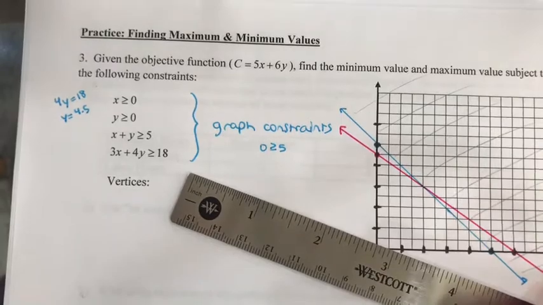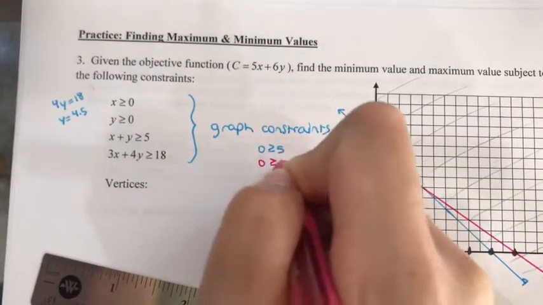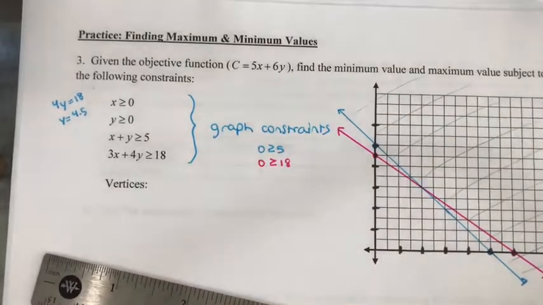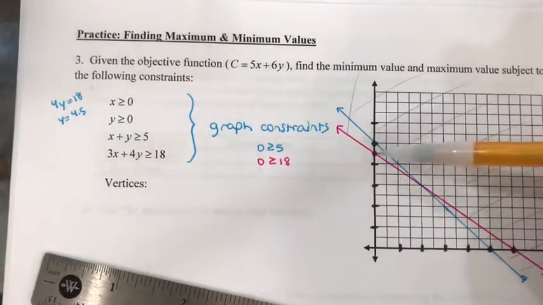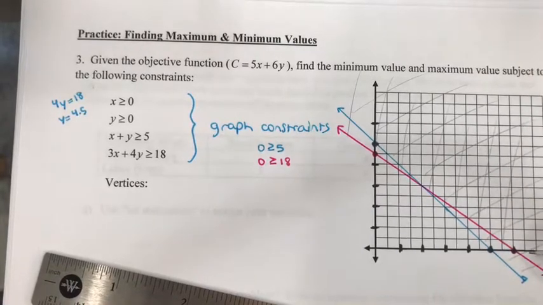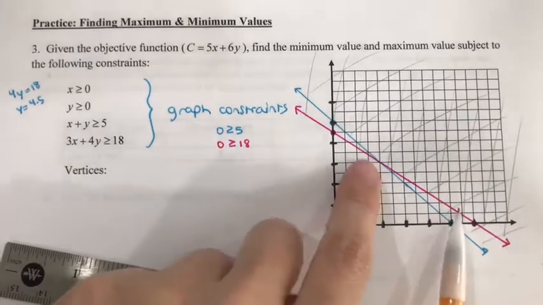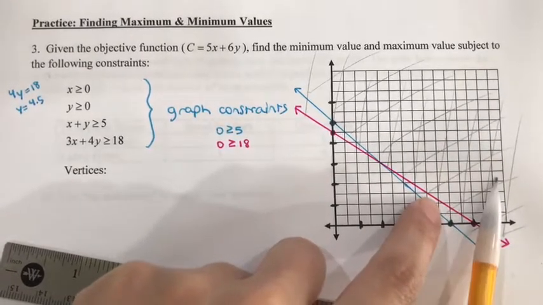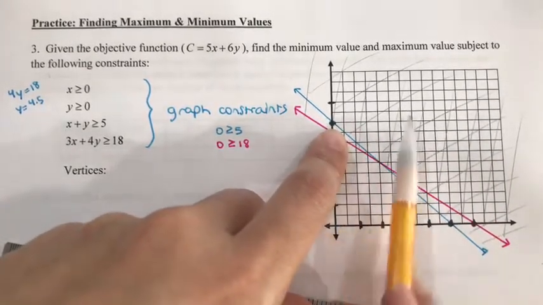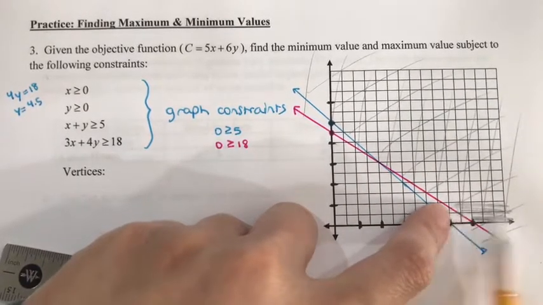And again, testing 0, 0, I have 0 is greater than or equal to 18, which again is not true. So I'm going to shade above pink line, away from 0, 0. Now, if you look at the overlapping region, it's basically above the pink on this side and above the blue on the left side. So I'm going to shade that in just a little bit darker.